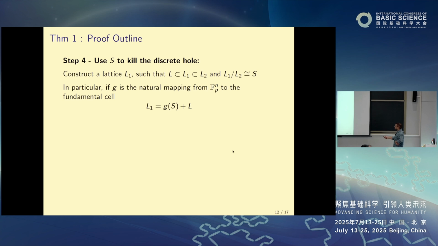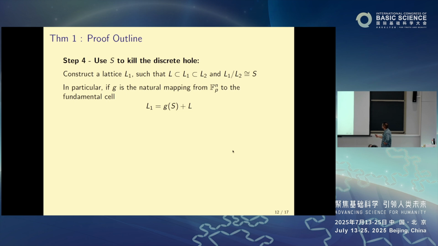Now the next step will be to use this subspace S that I've found in order to eliminate the discrete hole. So what we do next is we construct a lattice L1 such that L1 is a super lattice of L, and it is also a sublattice of L2.